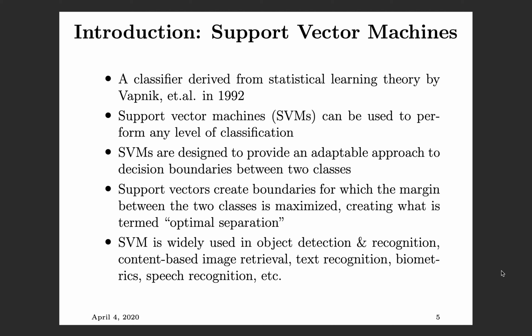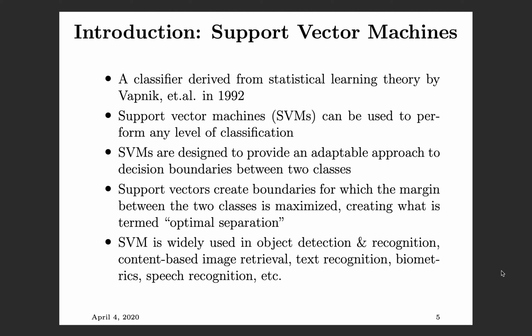Basically, SVM is used for classification and regression tasks, but in our case we are focusing on classification tasks. It is a classifier derived from statistical learning theory by Vapnik and others in 1992. Support vector machines can perform any level of classification. What do you mean by this?